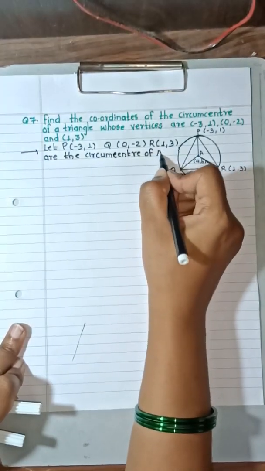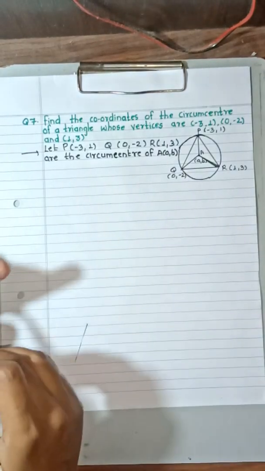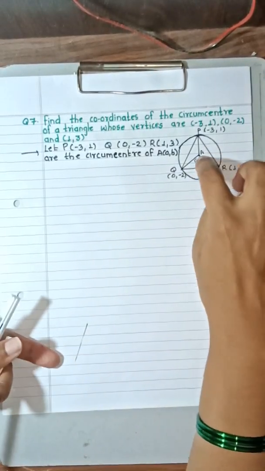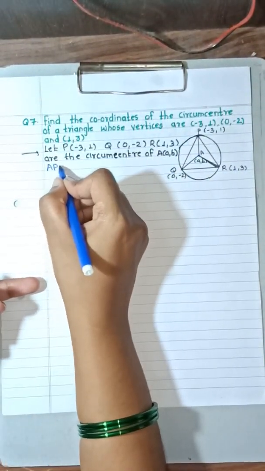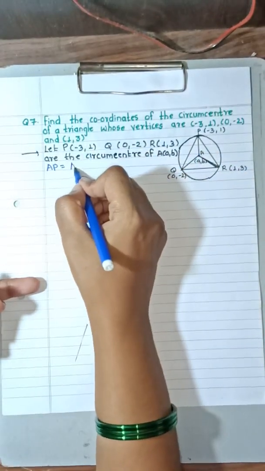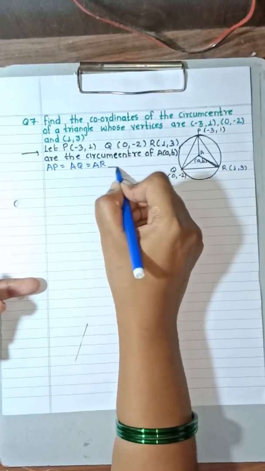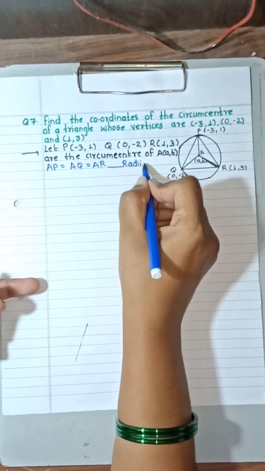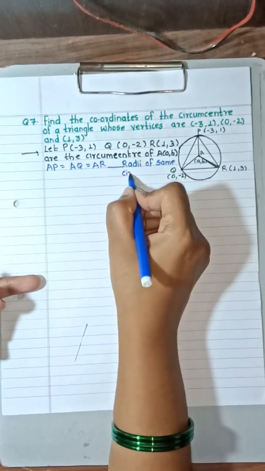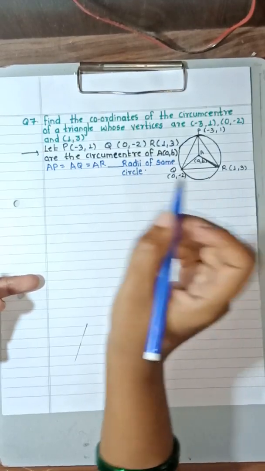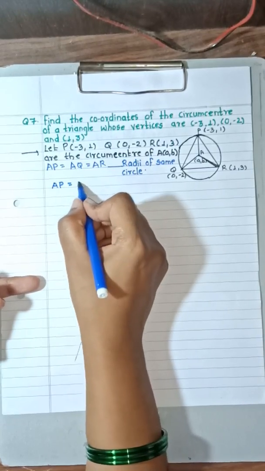Now here you may write down that AP, now you can see this AP is equal to AQ is equal to AR. Now write down here radii of same circle. Therefore you can say that AP is equal to AQ.